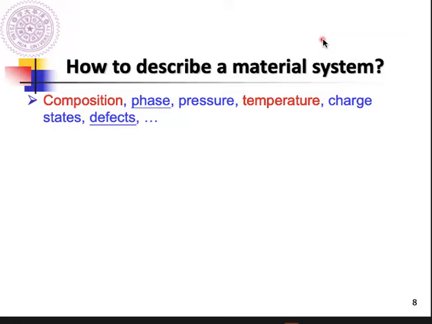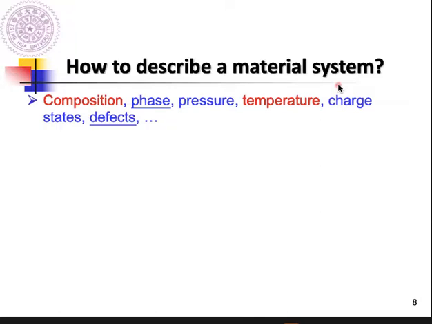After introducing lots of energy state functions, I would like to ask you how to describe a material system. Because we are material scientists, probably the most important thing to us is: can you describe your material system by what?